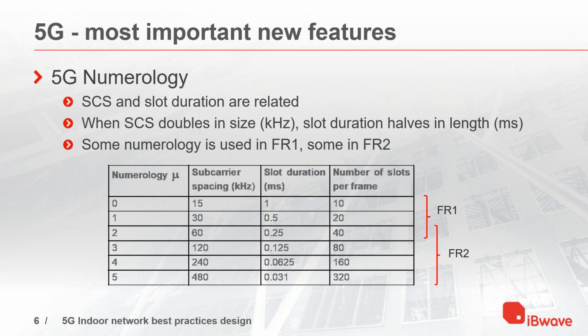Okay, those two are intertwined. When you increase one of them, then you have to decrease the other by the same percentage. So if you are doubling the subcarrier spacing, you're halving the slot duration. And in the end, it really gives you a different number of slots per frame as you are changing numerology from 1 to 5. As you go higher with numerology, there are more slots per frame.